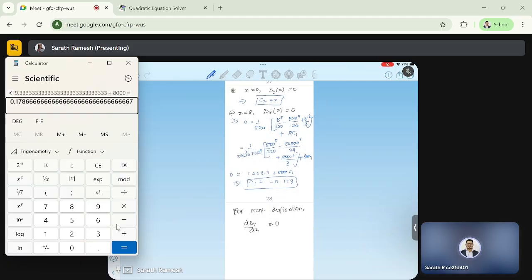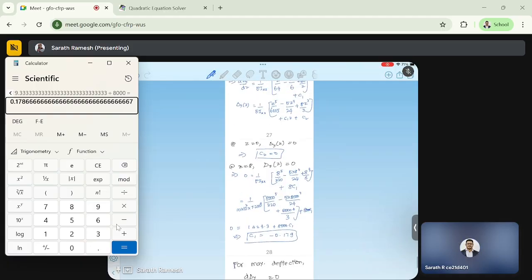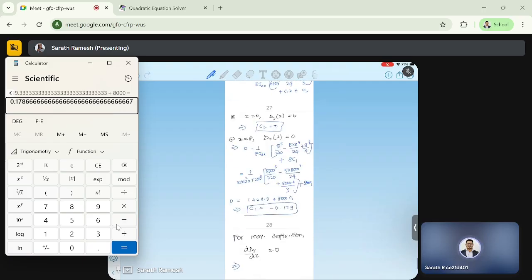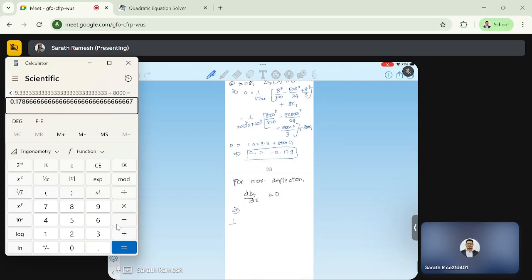So this implies, if I equate this thing here to 0, so what I'll get, 1 by EI is 72 into 10 power 12. Every time I'm writing big expressions, so 1 by EI.